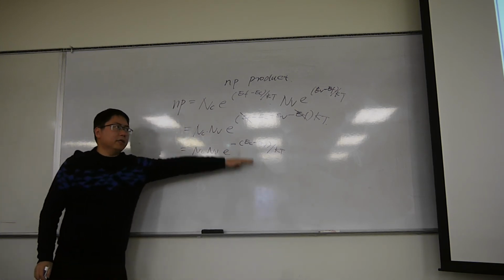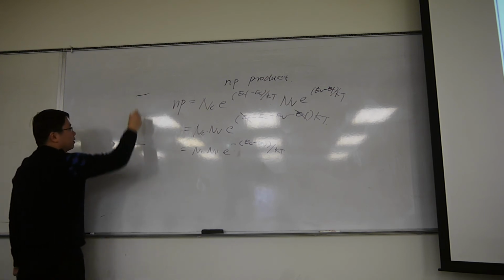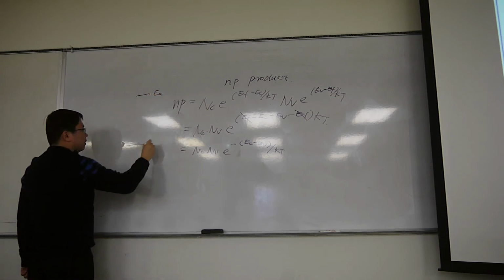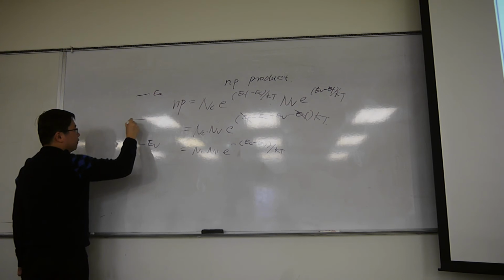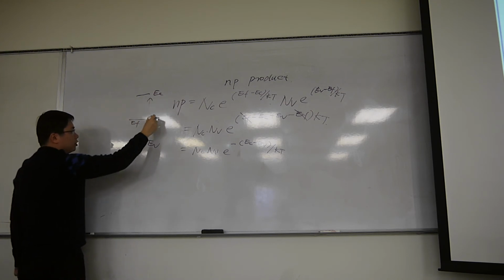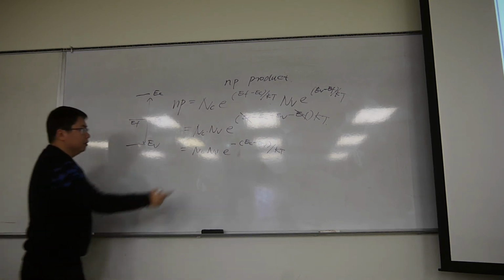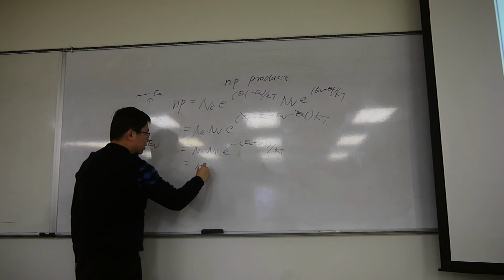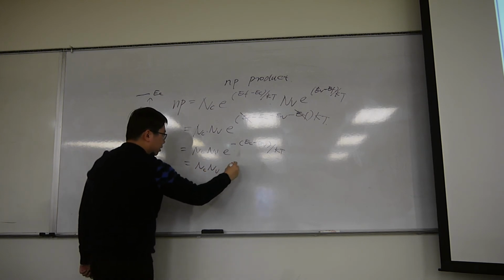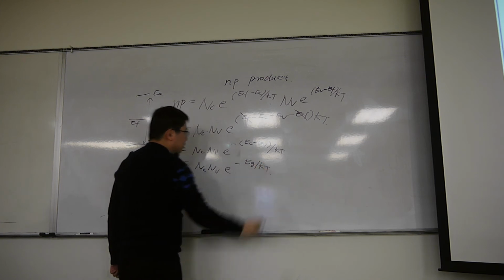So what is EC minus EV? You see the energy diagram: EC, EV, and EF in the middle. EC minus EV is the EG, the band gap. So here you will have NC NV exponential of negative EG over KT.